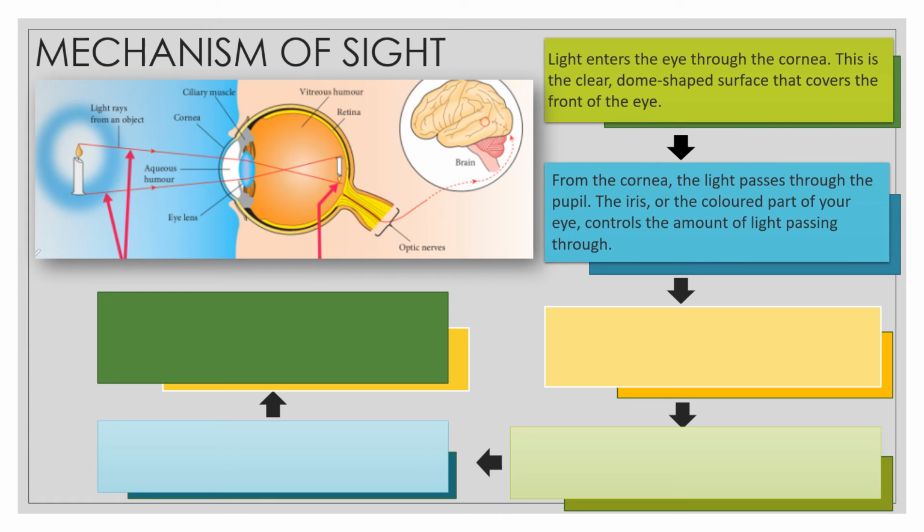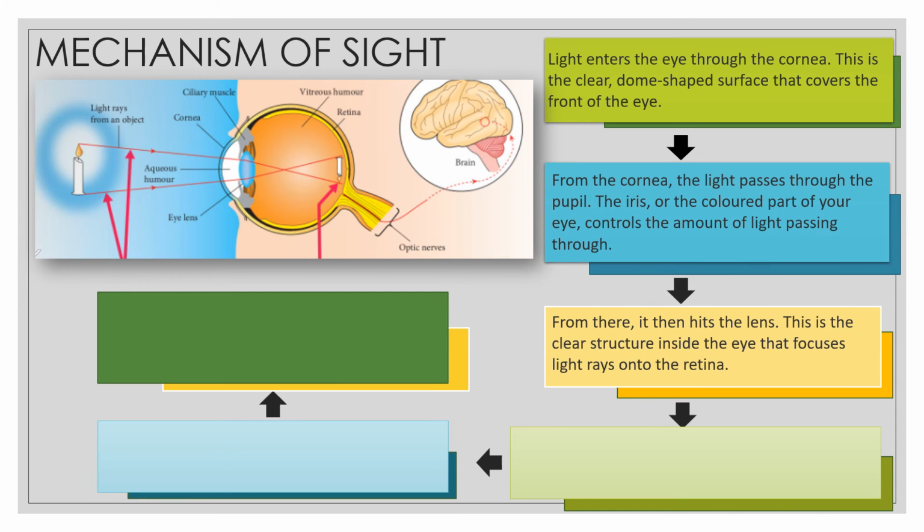From the cornea, the light passes through the pupil. The iris, or the colored part of your eye, controls the amount of light passing through. Then, from there, it then hits the lens.